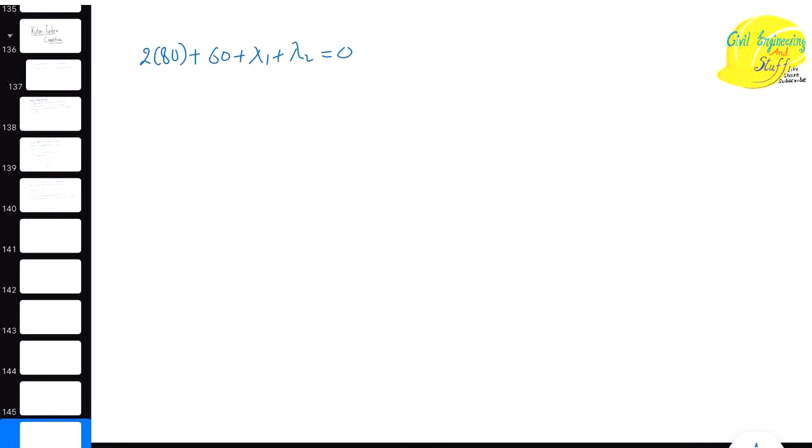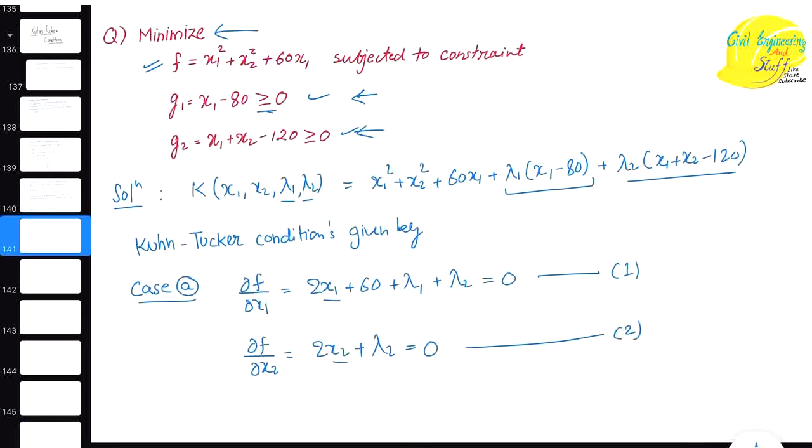So from this we will have 160 plus 60 plus lambda1 plus lambda2 equal to 0. So if you see in equation number 2 we have lambda 2, right? So it's better to find out the values in terms of lambda 2.